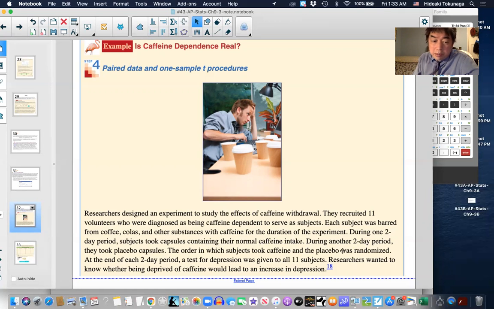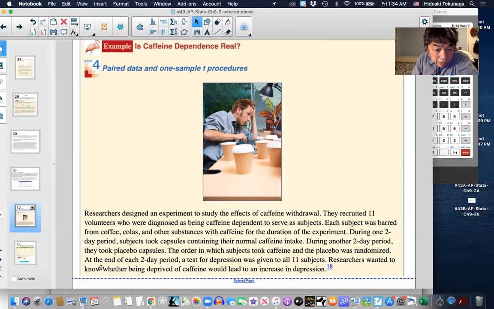During another 2 day period, they took the placebo capsule. The order in which subjects took caffeine and the placebo was random, so we don't know which one comes first. You take placebo first, or the real caffeine first, you don't know. So there's a randomized effect, and they try to get the depression rate.